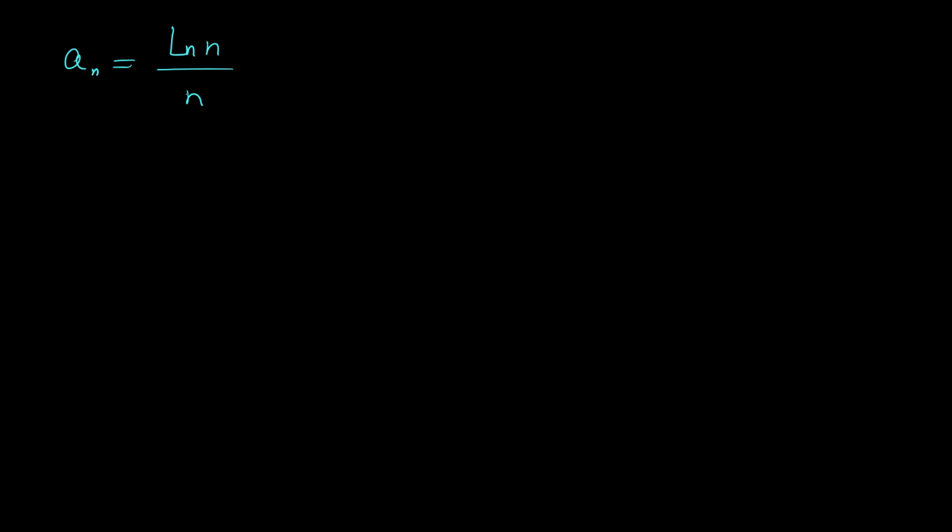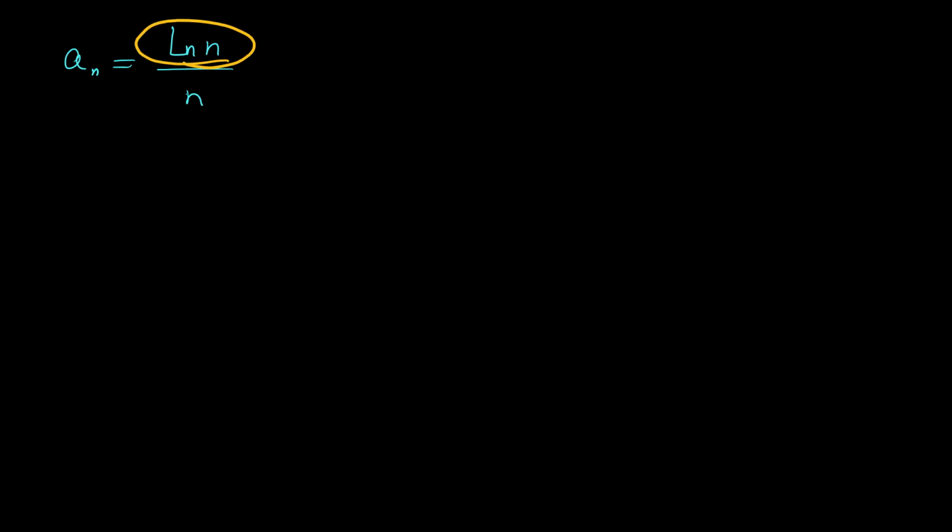Ln or logarithmic functions are inverse of exponential function. Exponential functions grow very fast. So, what happens to ln? Logarithmic functions, they are inverse. So, if they grow very fast to infinity, so logarithmic function ln of n, they grow to infinity but very slowly.